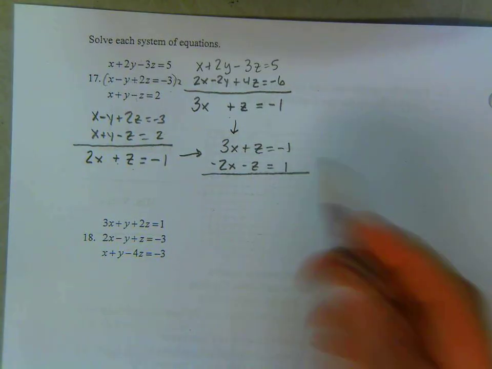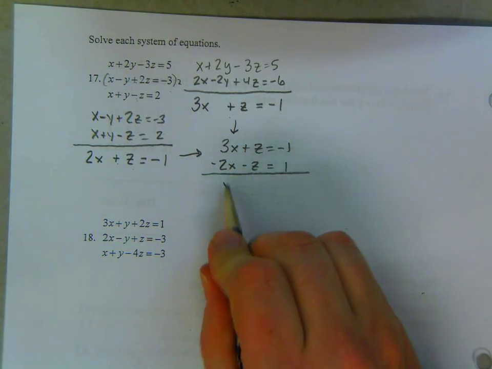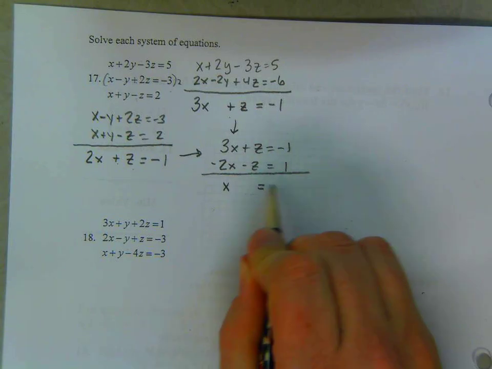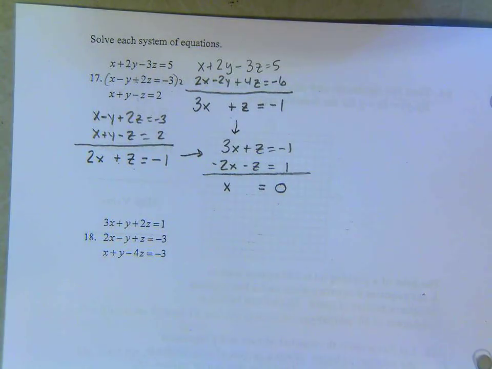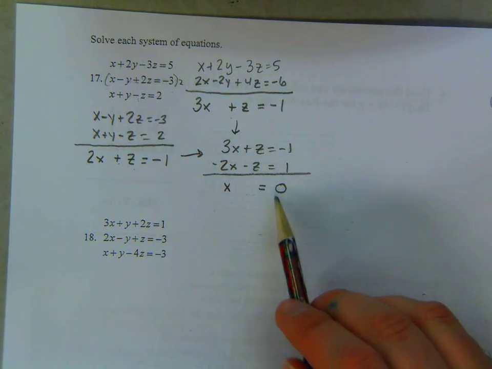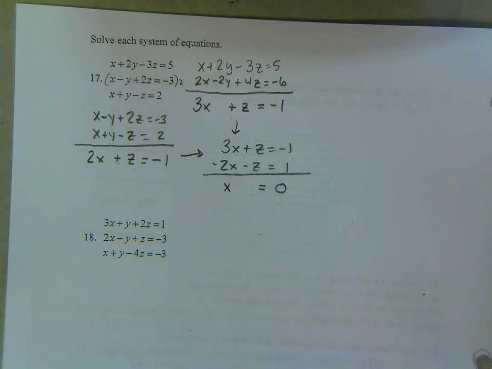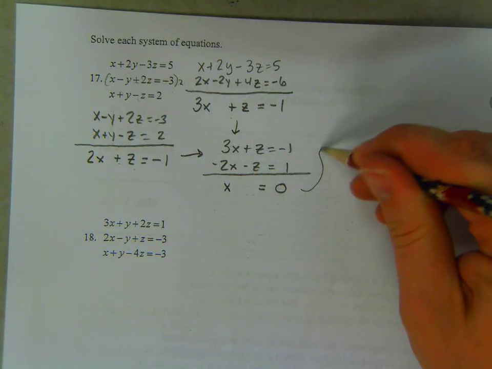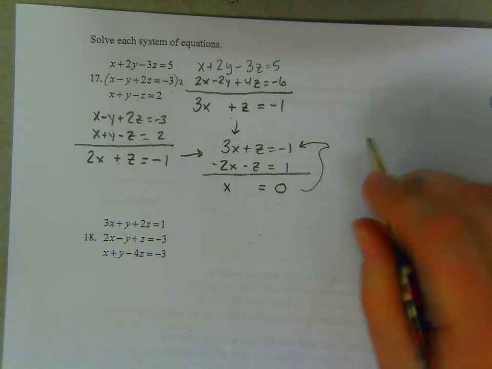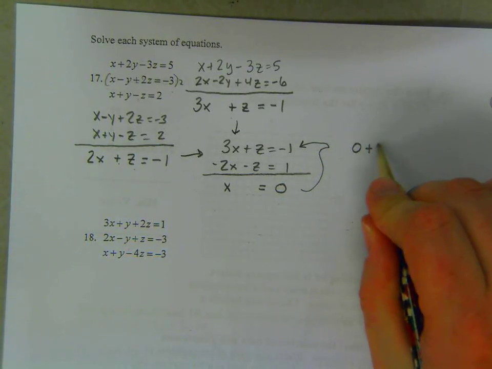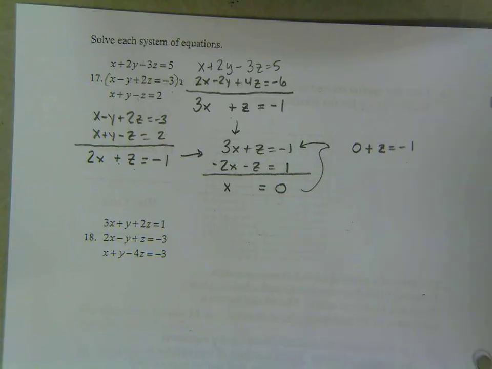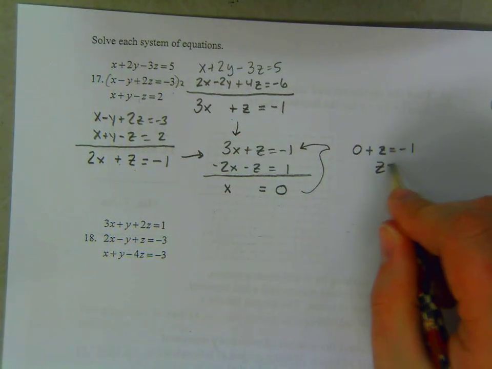Add them together, and I get x equals 0. Now we've got our first answer. Now we could plug 0 into one of these to solve for z. So now I've got 0 plus z equals negative 1, or z equals negative 1.